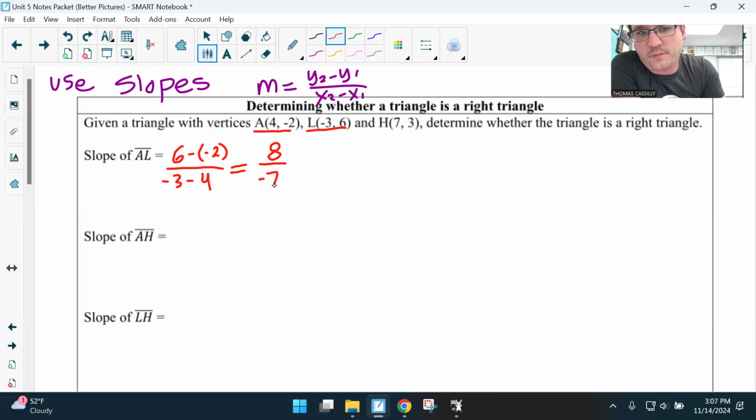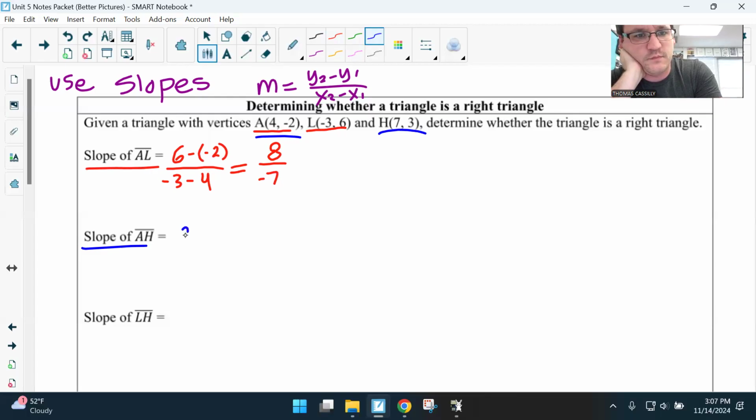So what is perpendicular to that? It would be +7/8. So if one of those slopes is +7/8, we're good. We just need to check them. So the next one, the slope of AH now. We'll do AH in blue. I need point A and point H. So this is Y2 minus Y1 again.